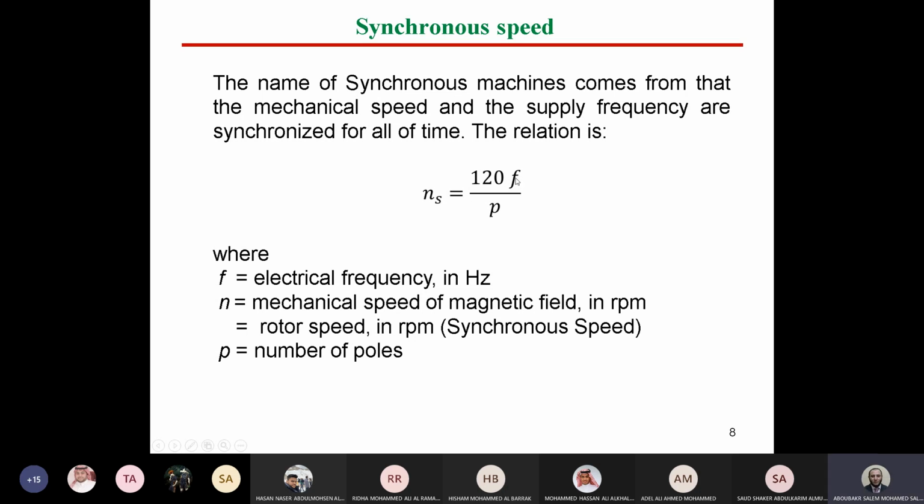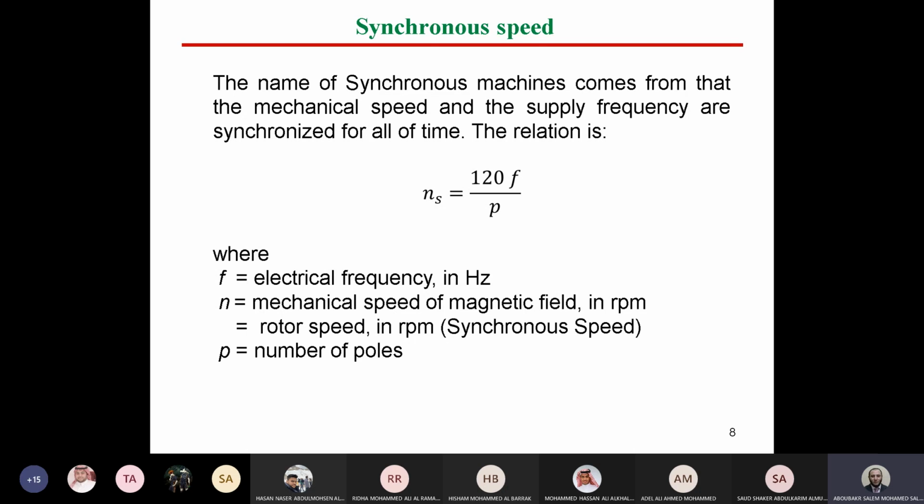It's directly proportional. If the frequency increases, the speed will increase. If the frequency decreases, the speed will decrease. And there is nothing added or subtracted from this factor. So as you can see, according to the applied frequency, the machine speed will be determined.